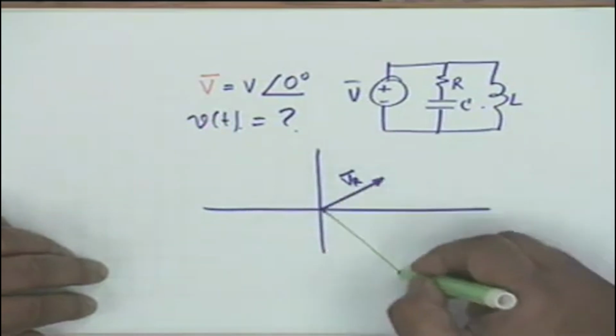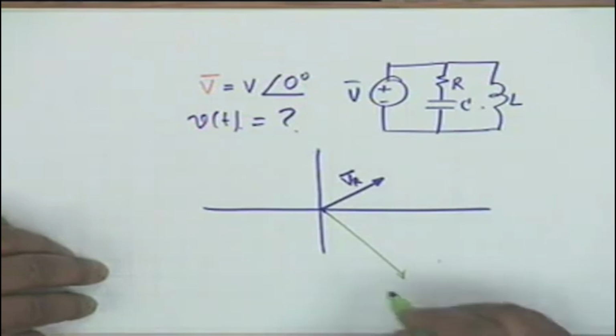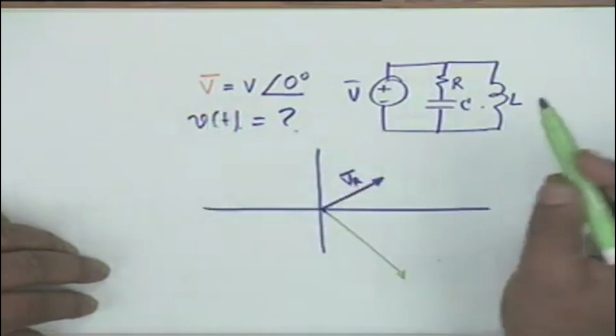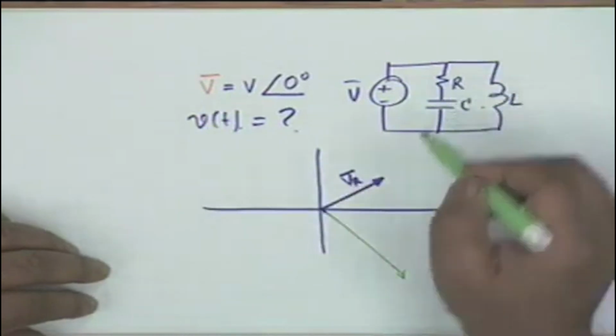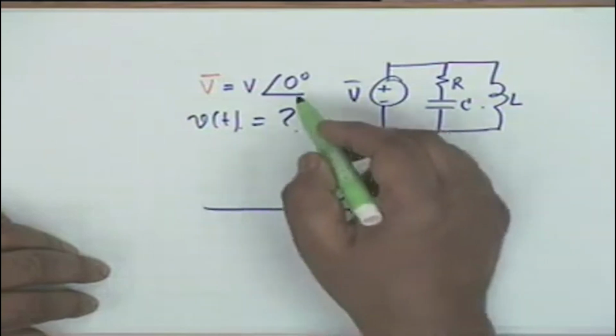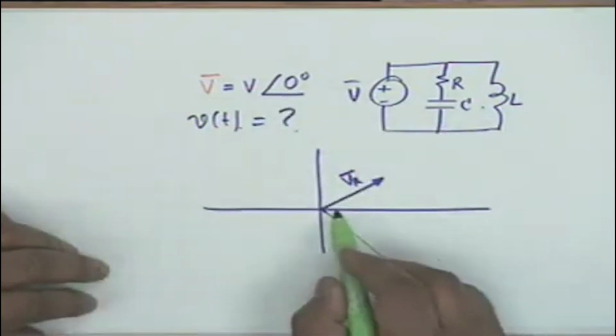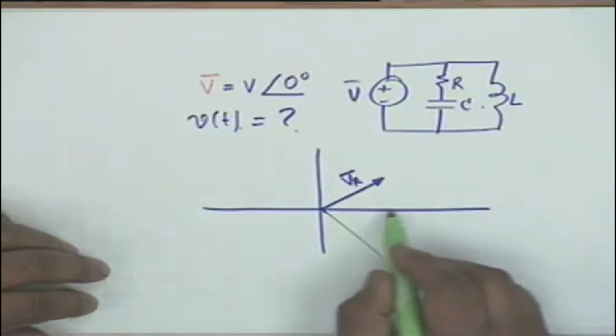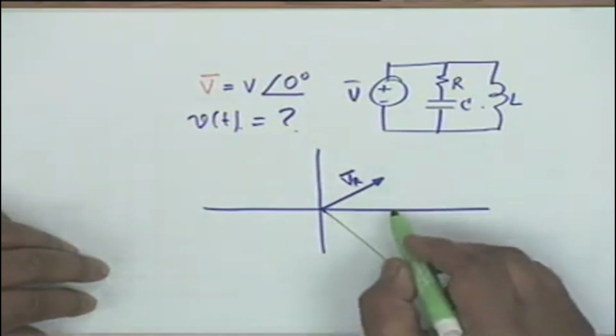Alright. Now it is said that V, which is the sum of VR and VC, has an angle of 0 and therefore V is in this direction. Is that clear? V is in this direction, and then what does it specify about VC?